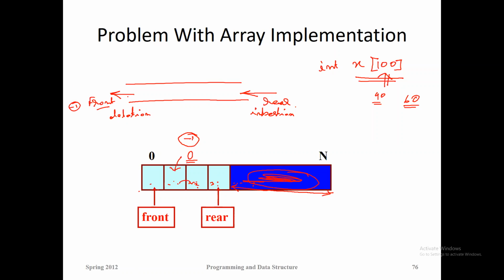The moment there is the first element, both front and rear will be denoting the 0th element. One more element, rear will be this. One more element, rear will be this. Like this the rear is increasing. The moment you are deleting, the front will be shifted from the 0th element to this, from this element to this. This way the front will be deleted.